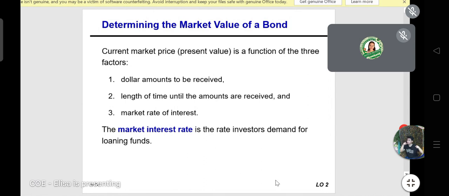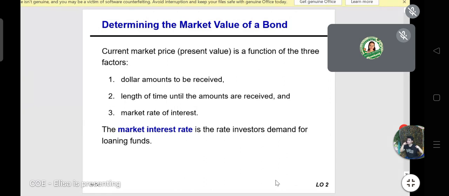Kay murag naa man gud na siya factor ang imong length of time, and then ang appetite of risk sa investor, and then the prevailing market rate of interest. So daghan na siyang mga factors nga to consider in computing the present value of the bond.